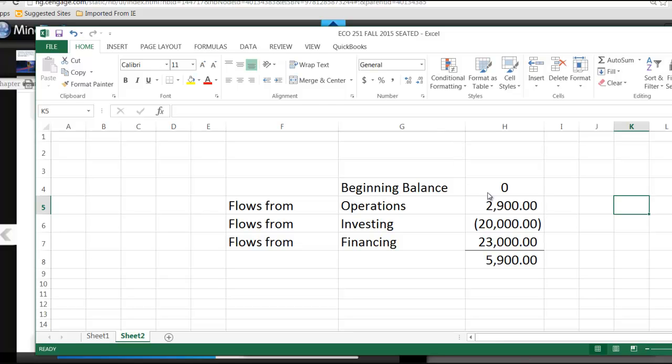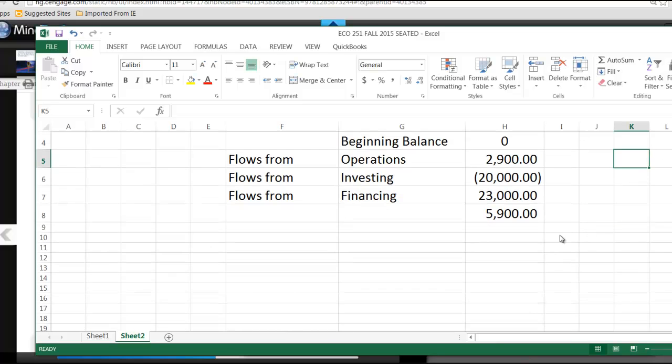We have a positive inflow of $2,900 from operations, a net outflow for investing, meaning when we put the positive and negative numbers together it was negative, and $23,000 was from financing. So we went from 0 to $5,900. This was the first year.